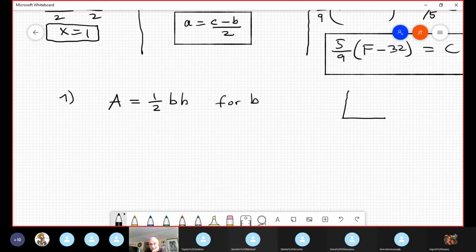We have a triangle, not necessarily a right triangle, but it's okay, right triangle. And the area is equal to the multiplication of the base, which is b, and the height, which is h, multiplied by half. This is the formula in geometry that gives me the area of a triangle.